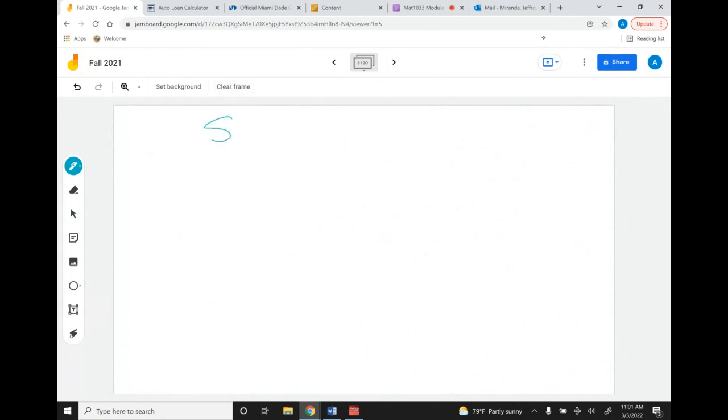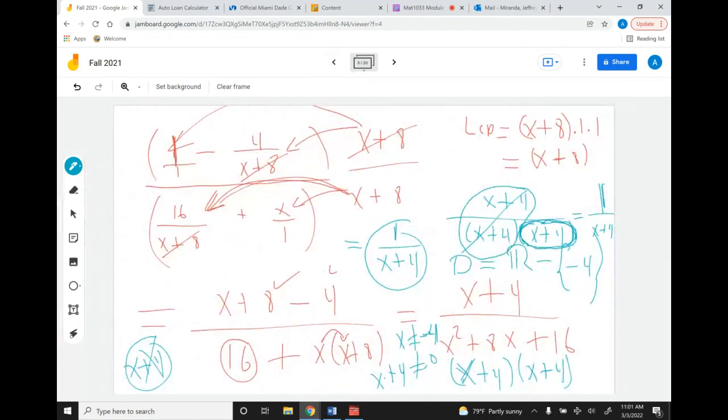This is solving equations. Okay. Now the difference between solving equations and simplifying, this is the key word, simplifying and solving are not the same thing.